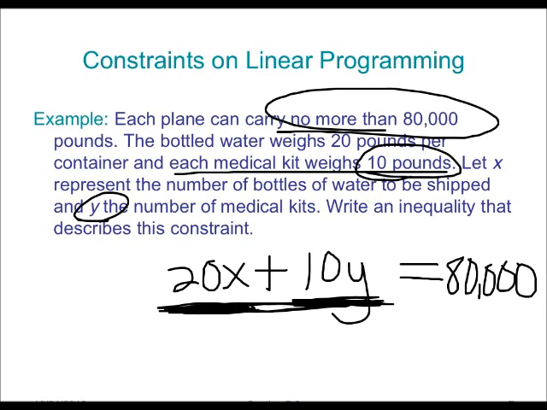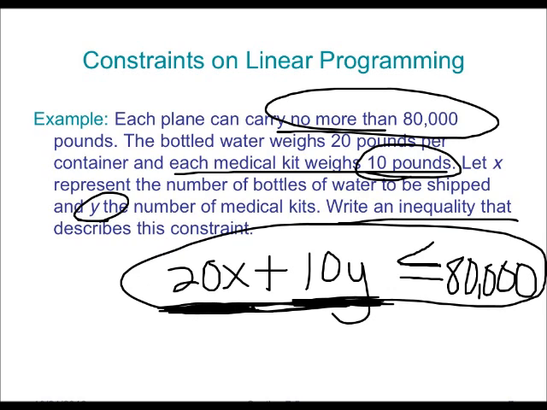We could carry 79,799 pounds if we wanted to. We could carry 70,000 pounds if we wanted to. We could carry 5 pounds if we wanted to. So as long as the weight of the supplies is less than or equal to 80,000 pounds, we're good to go. We can fly the plane. So write an inequality that describes the constraint. 20x plus 10y is less than or equal to 80,000.